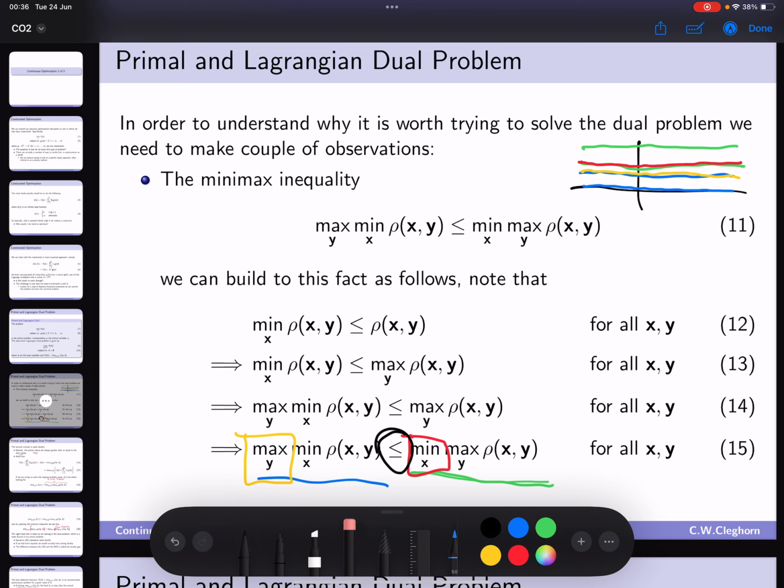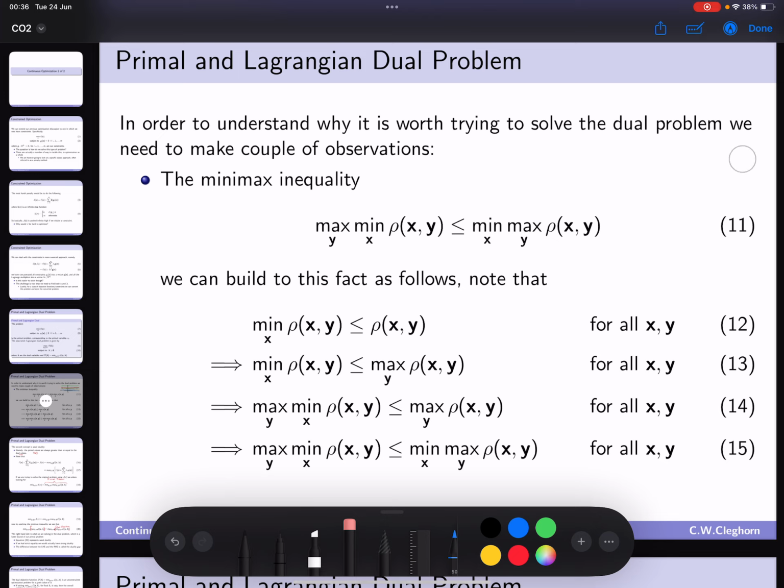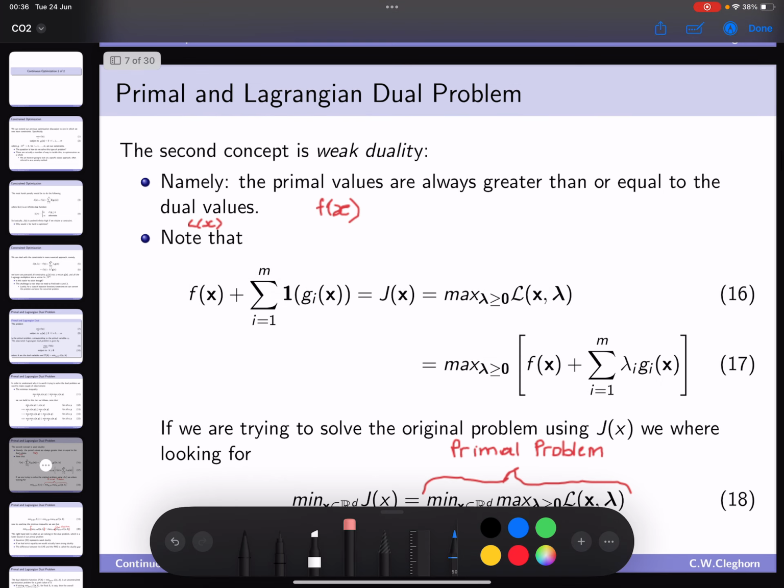So it's just about these orderings in which I've restricted my output magnitudes. Either I'm finding the smallest of a large set or the largest of a small set. On the left-hand side, it's the largest of a small set. On the right-hand side, it's the smallest of a large set. All right, and that's called the min-max inequality. And that's going to be useful immediately in a second.